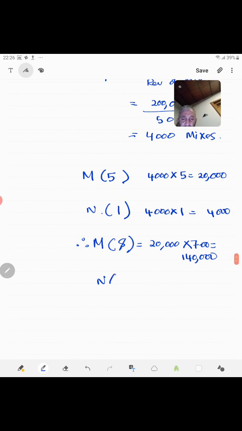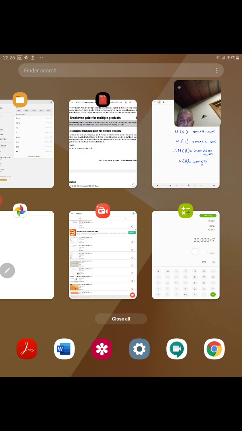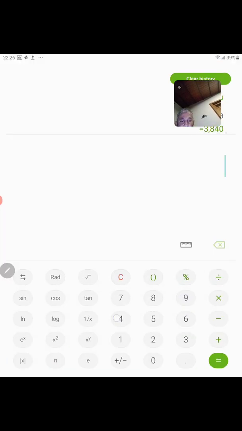And N in dollars is 4,000 times 15, which gives 60,000.